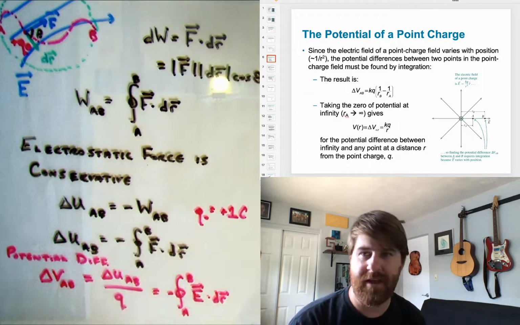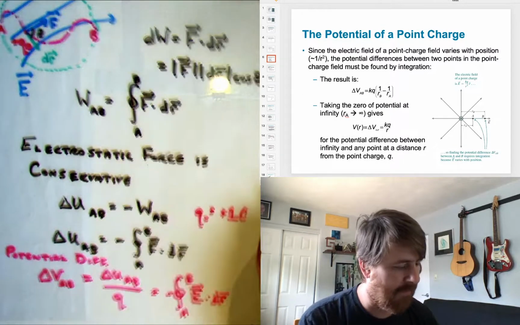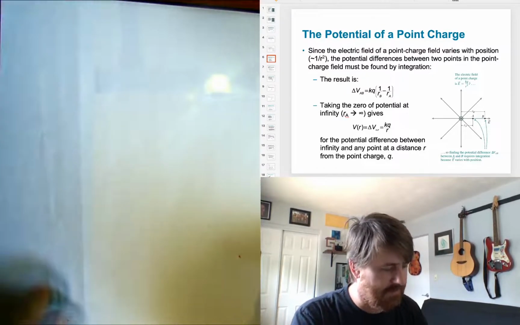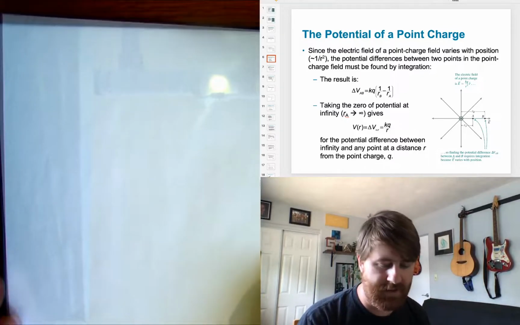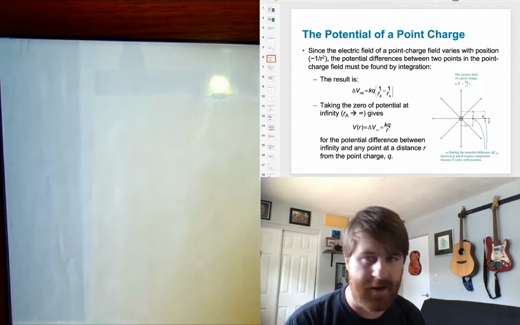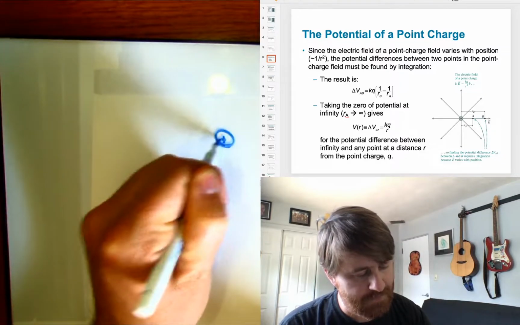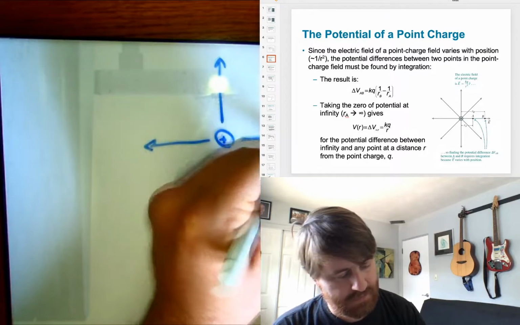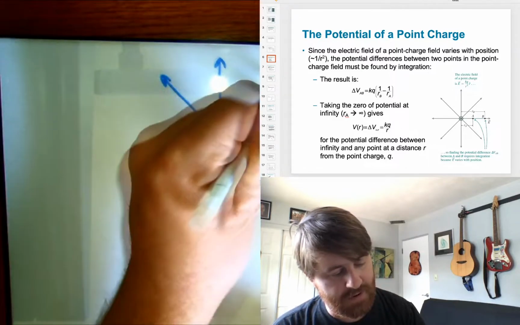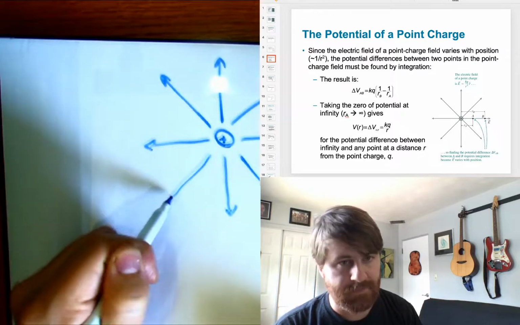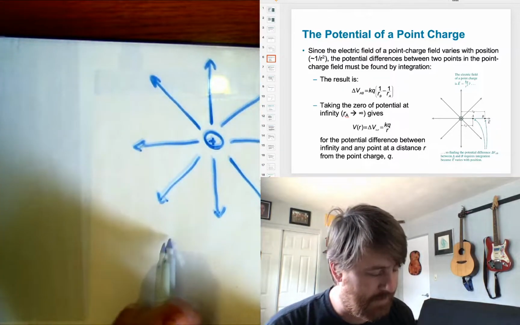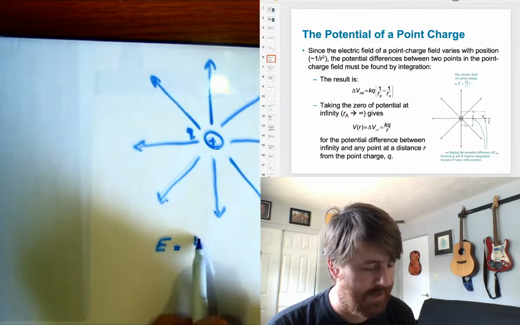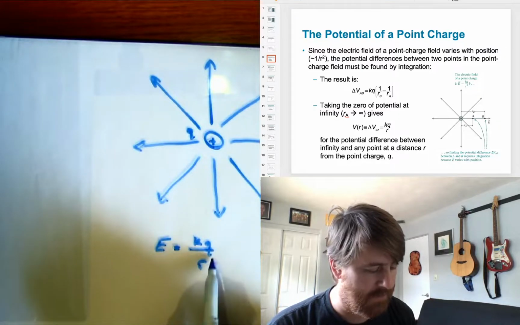Okay, let's look at the potential energy of a point charge now. So a point charge, q, sets up a field in the surrounding space that points radially away from it, as you can see in the diagram. The magnitude of the electric field at a distance r away from the point charge is given by E equals kq over r squared.